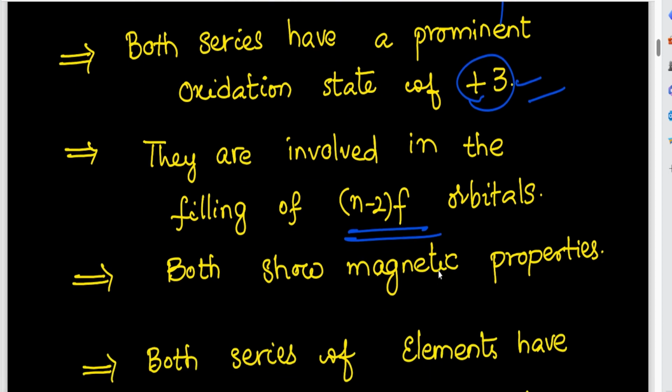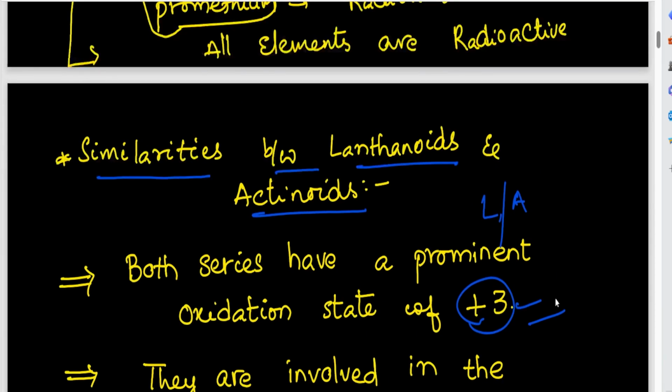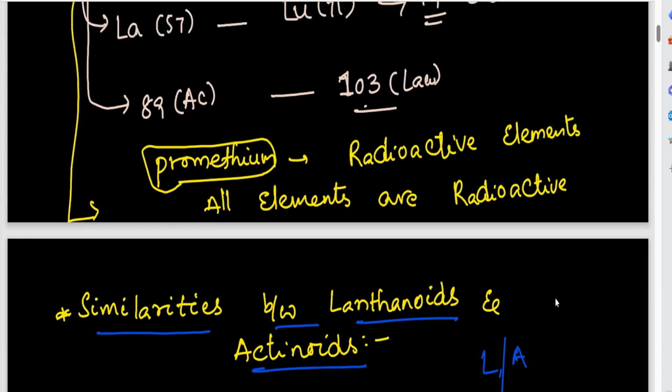These are the similarities. And both series show magnetic properties. Also both series of elements have a high electropositive character and a high reactivity. So these are the similarities of the 4F series and 5F series, in other words, lanthanoids and actinoids.